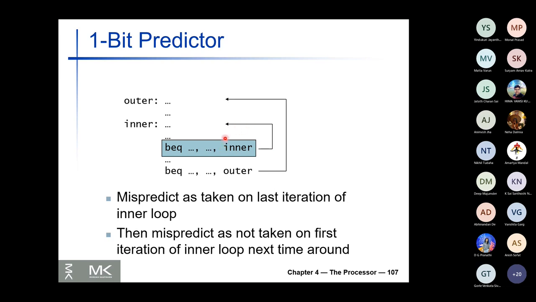Continuing to take is all right, but when you make an exit from here, there will be another misprediction. So you would mispredict as taken on the last iteration of this inner loop, and it would mispredict as not taken on the first iteration of the inner loop next time around. Do you follow me?